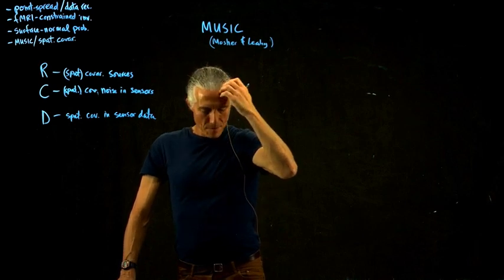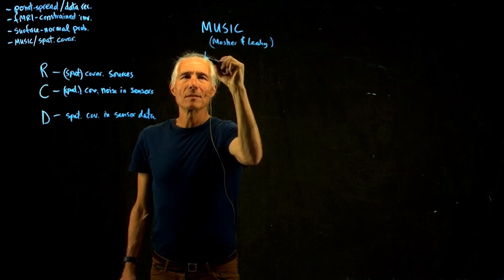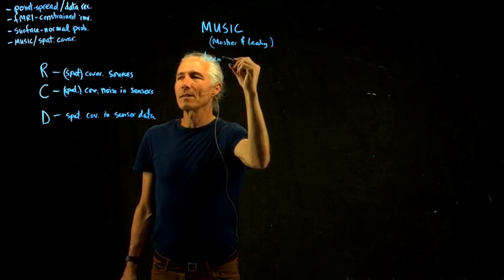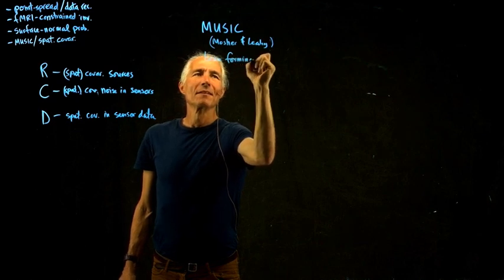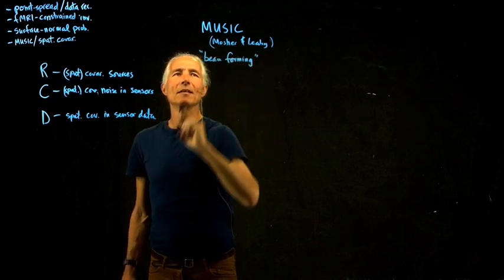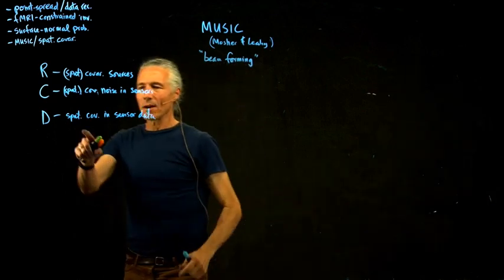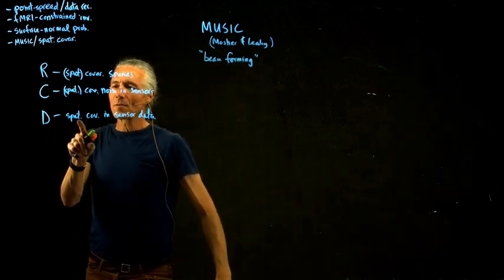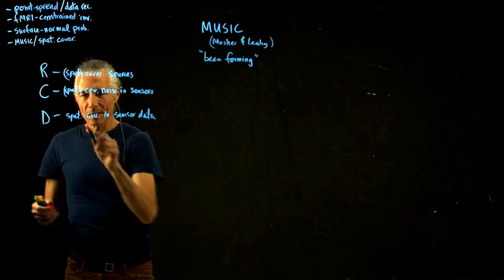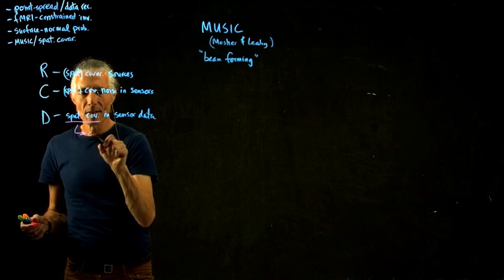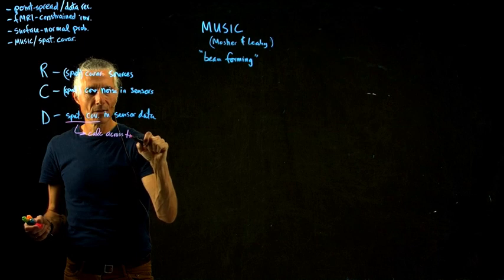There's another name for it: sometimes people call nearly the same thing beamforming. You can see papers on beamforming, but basically what they are looking at is the spatial covariance. Another important point here is this is spatial covariance calculated across a time window.